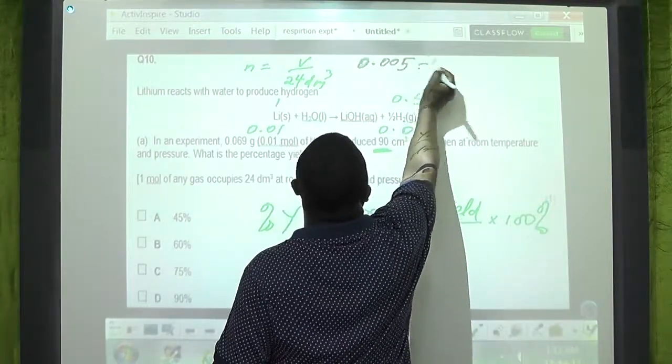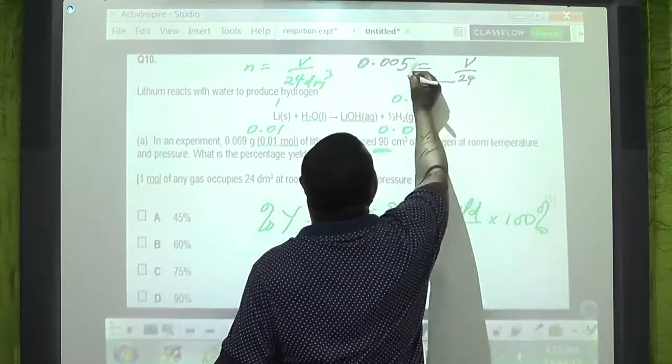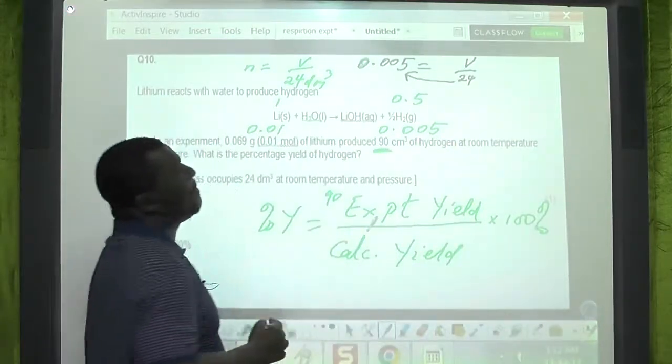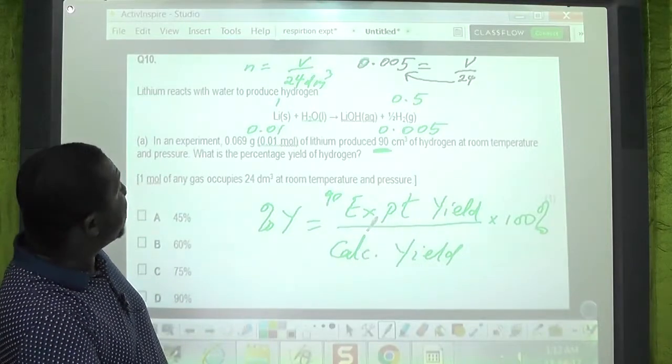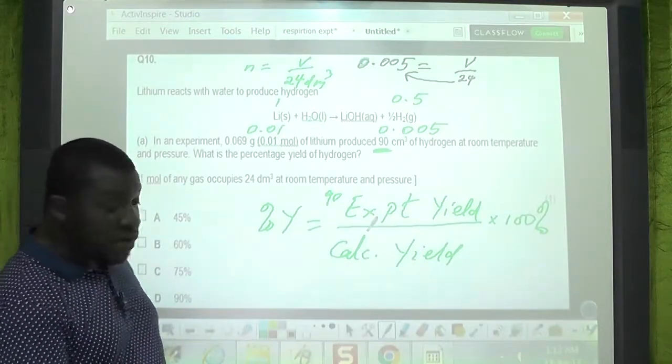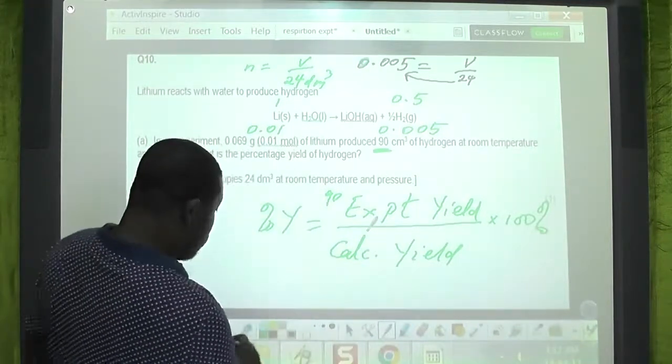0.005 equals the volume, which we are looking for, divided by 24. Our volume then will be 24 multiplied by 0.005. What will 24 multiplied by 0.005 be?